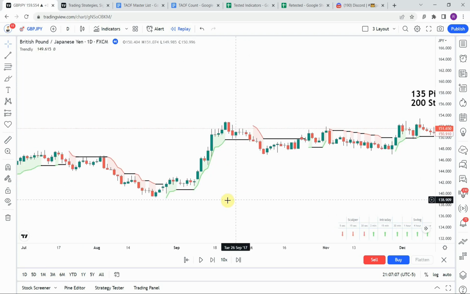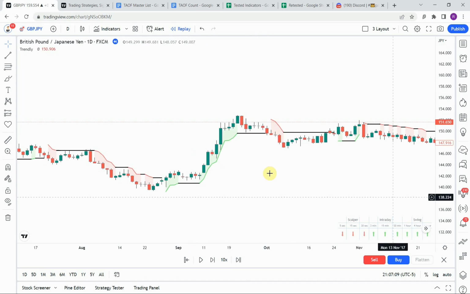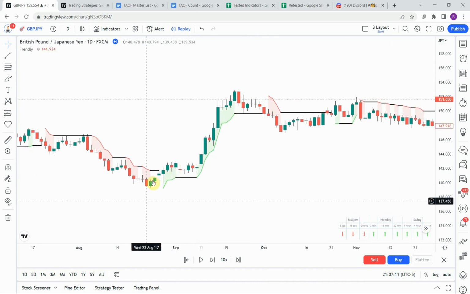To add one extra step to this, it also has these moments where it goes from either red or green to this black color, and the line goes just straight sideways. When that happens, that is the indicator trying to identify when a ranging market is taking place.